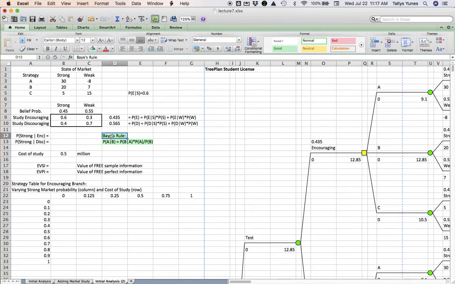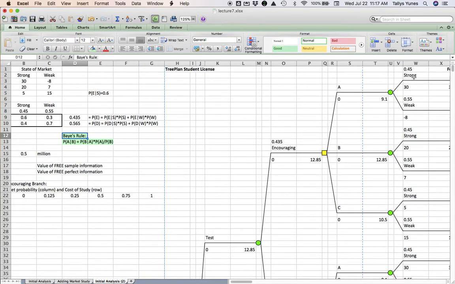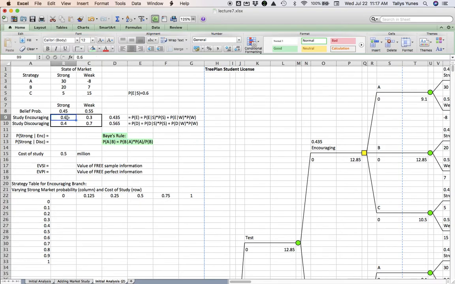Now there's something called Bayes' rule that you probably also learned in your stats and probability classes that you use exactly to make this flip, right? If you're given P of B given A, but you want P of A given B, and that's exactly what we have here. We were given P of encouraging given strong, but what we want is P of strong given that I know it's encouraging, right? The encouraging happened first. So I need to flip this guy here.